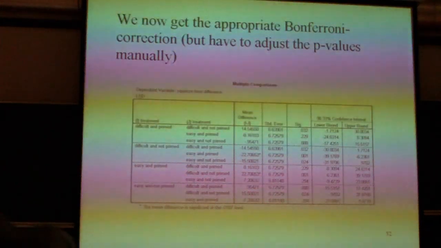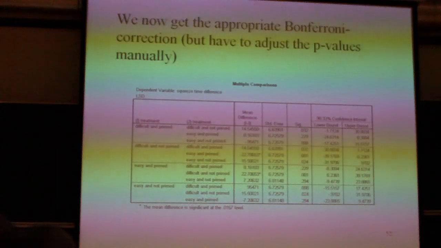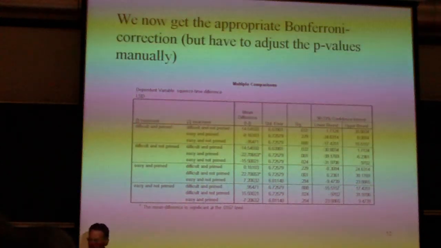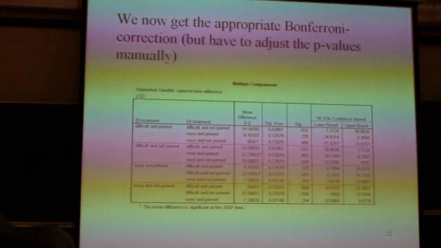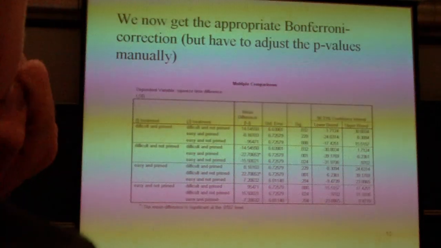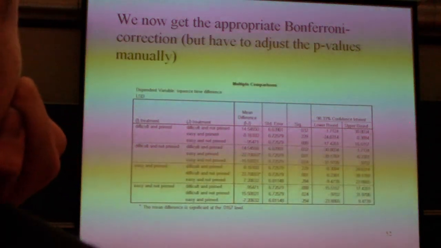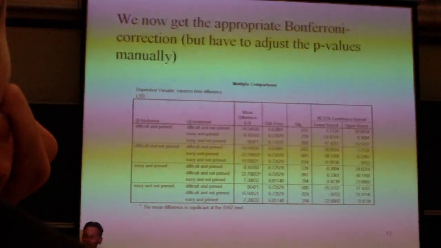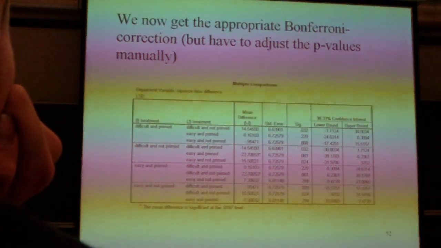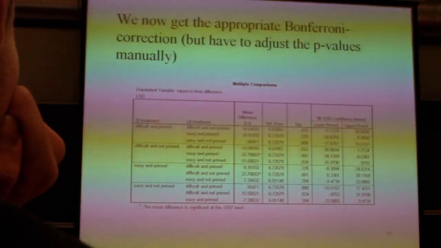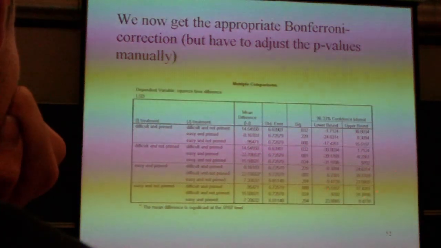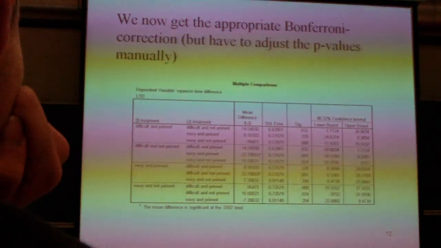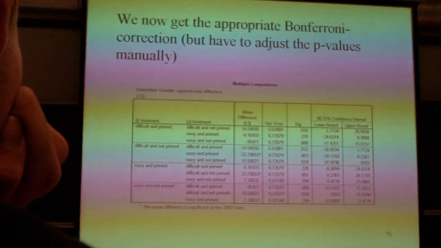Well, I'm talking a bit fuzzy now. The idea is if you have a 95% confidence interval, normally, of course, the 95% confidence interval is applied to any interval separately. But if you do a Bonferroni correction, then the 95% confidence interval applies to the whole collection of pairwise comparisons. So that's a much better guard against making type 1 errors, of course.